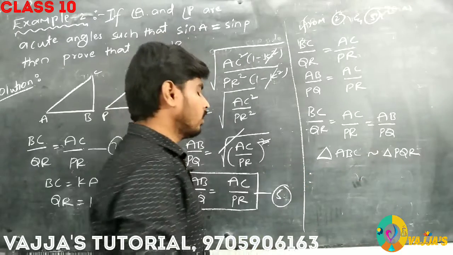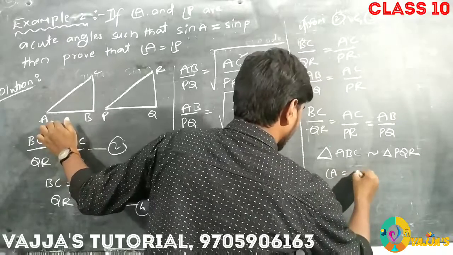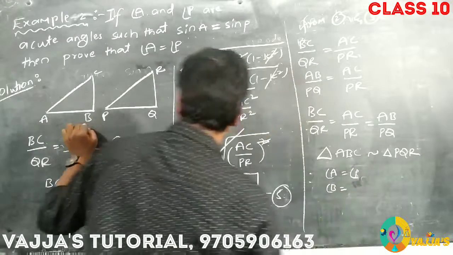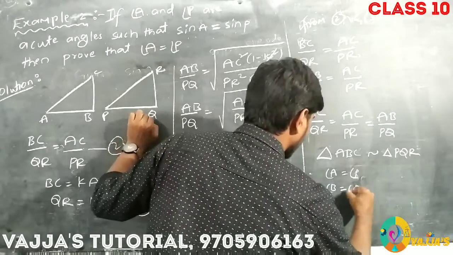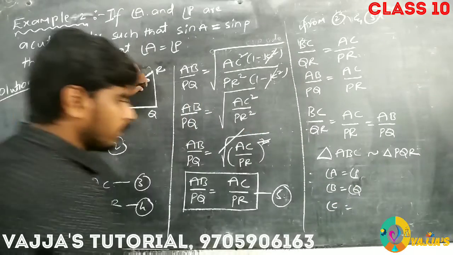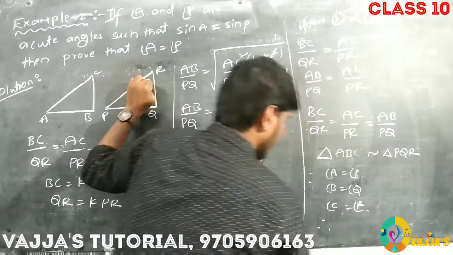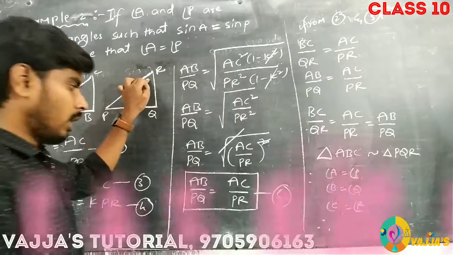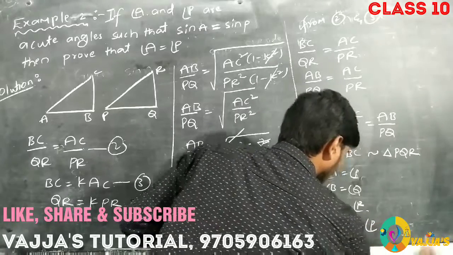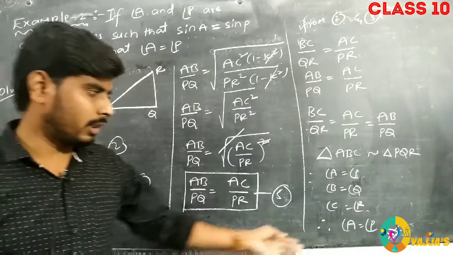By this property, angle A equals angle P, angle B equals angle Q, and angle C equals angle R. Therefore, the answer is: angle A equals angle P is the final answer. Okay, right, this is our answer.